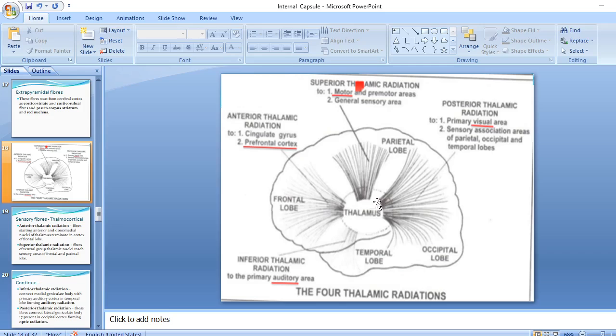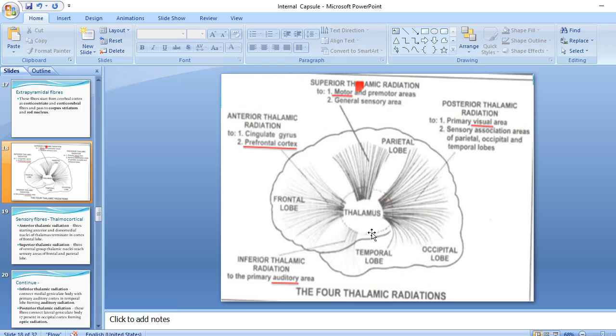Here you can see in this diagram the sensory fibers. All the fibers which carry the sensations from the whole of the body ultimately terminate in the thalamus.